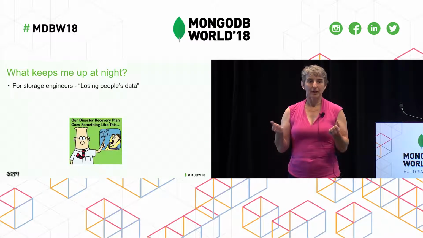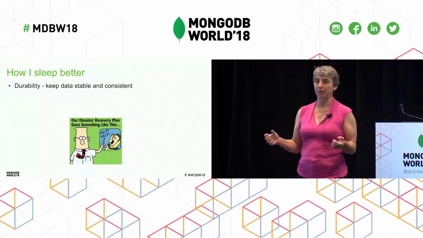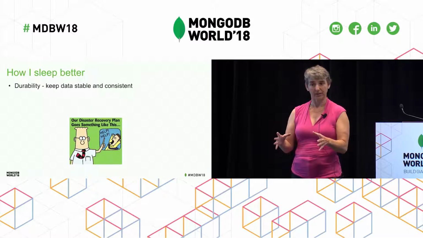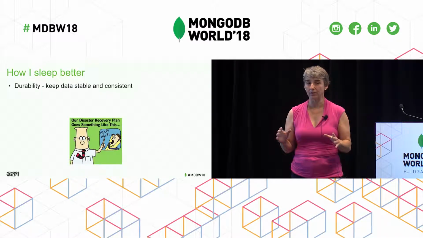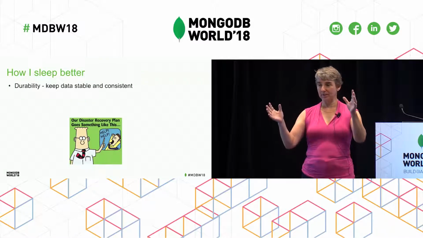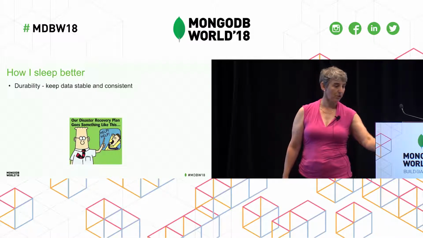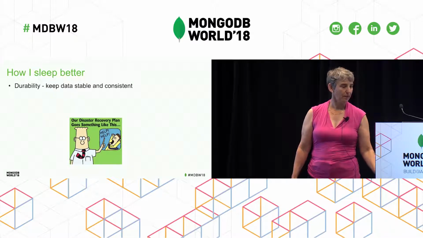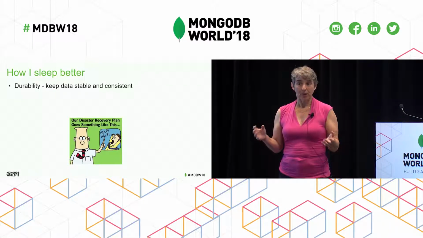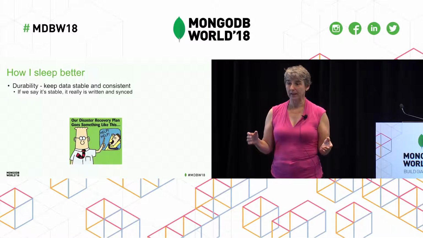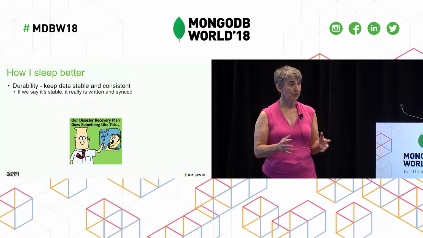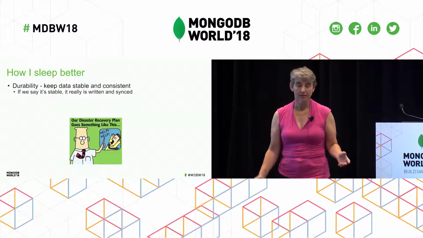So with durability, we're making a promise to you that we're keeping your data stable and consistent. And remember, this is on a single node. When the replica set crashes, when the power goes out, what are you coming back up with when you restart? We're making a promise to you that if we say your data is stable and written, that it really is.